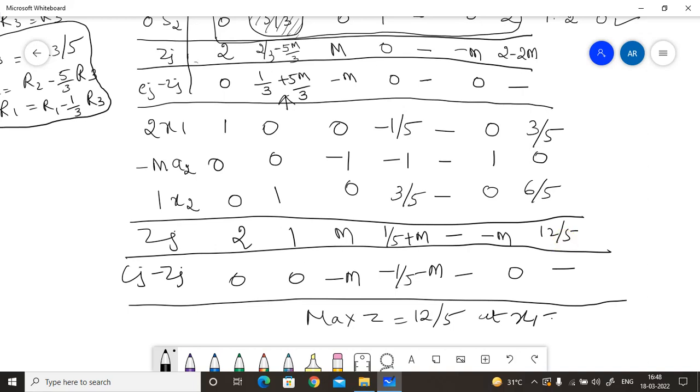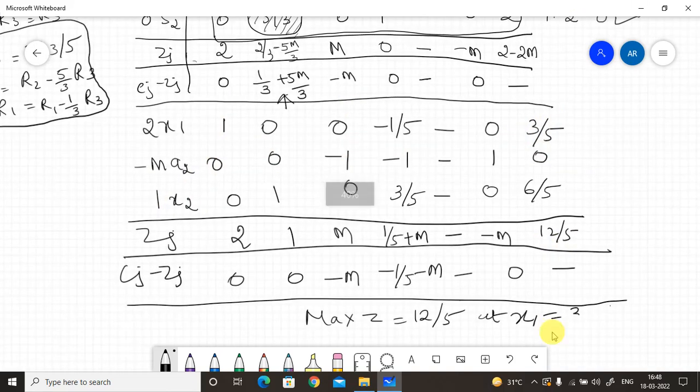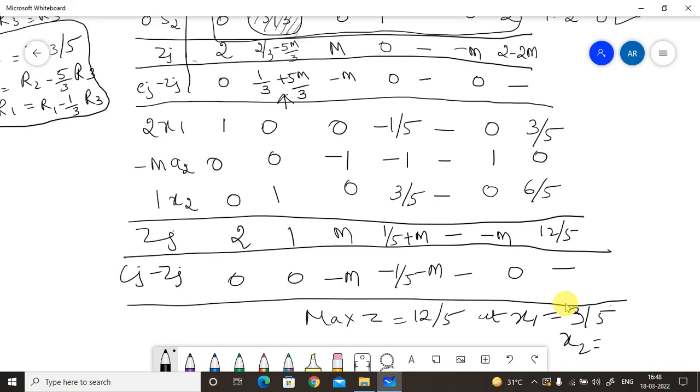X1 is the first column, right? 1 is pointing to 3 by 5, so x1 is 3 by 5. And x2 will be what? 0, 0, 1, so you can see in the second column it's 0, 0, 1, so 1 is pointing to 6 by 5. So x2 will be 6 by 5, done.